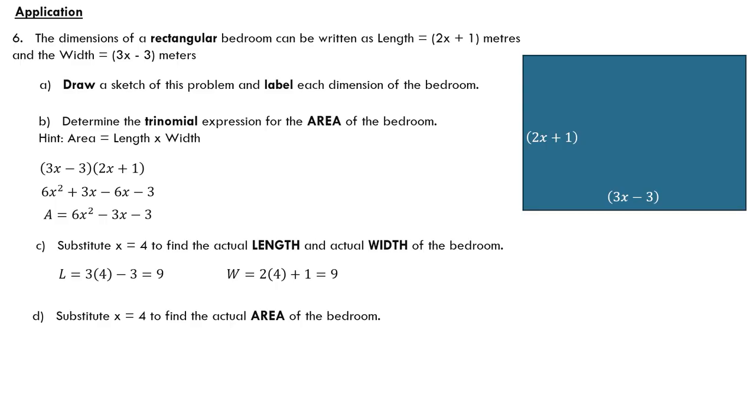So if our length is 9 and our width is 9, we can plug that into our trinomial and find out what the actual area of the bedroom is. That's going to work out to 81 meters squared.